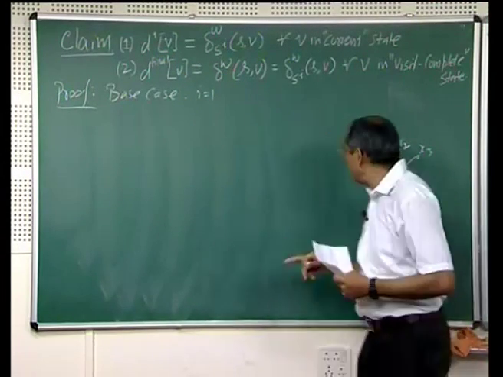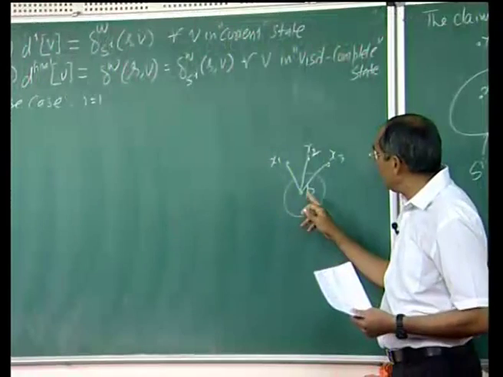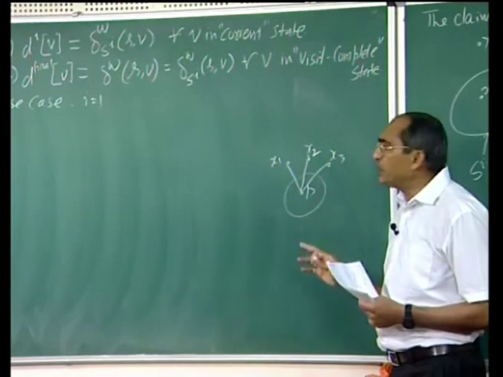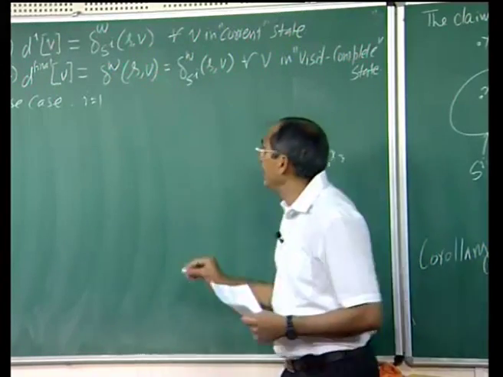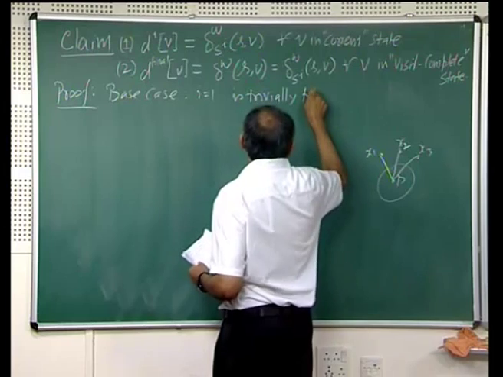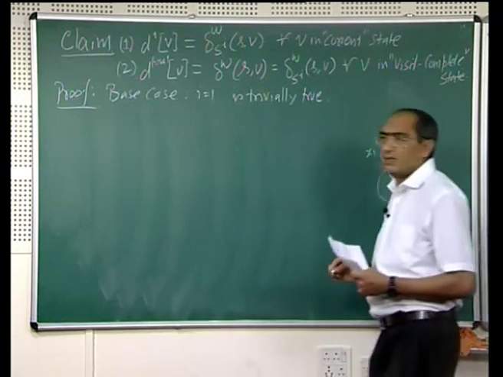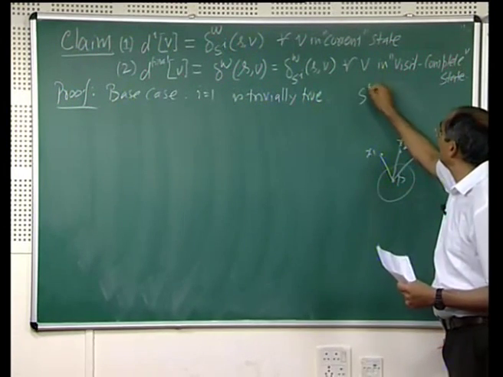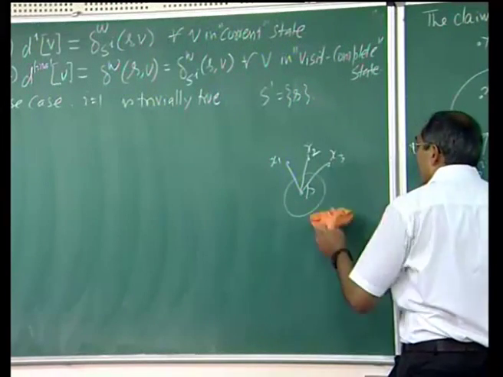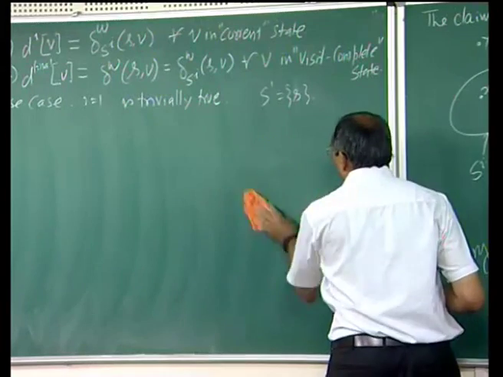The d values of these are set to be precisely d of S, which is 0, plus this weight. So it is trivially true. Remember that S1 is S. So there is nothing complicated about this claim for the base case.